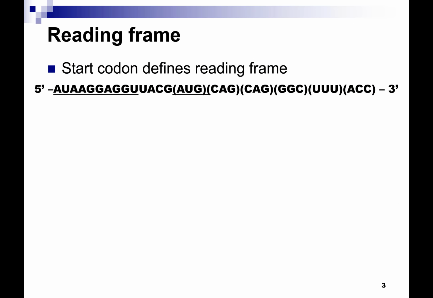We talked about the reading frame. So this is mRNA, and the reading frame is determined by the AUG start codon. Okay. And then every group of 3 is read until you come to a stop codon.